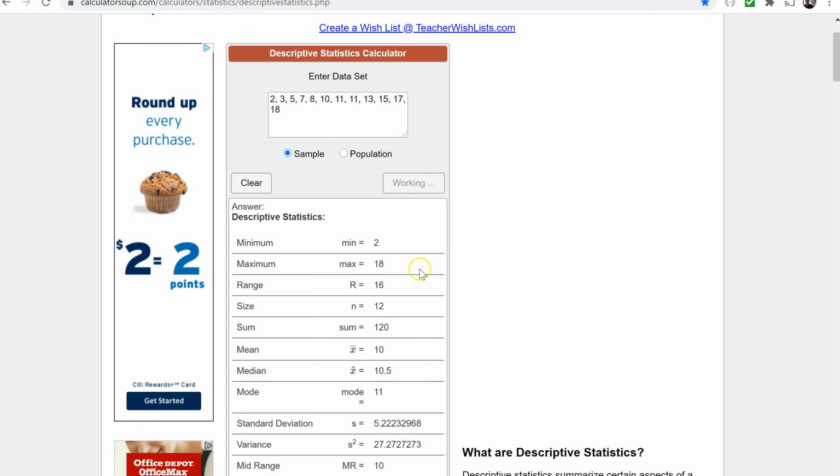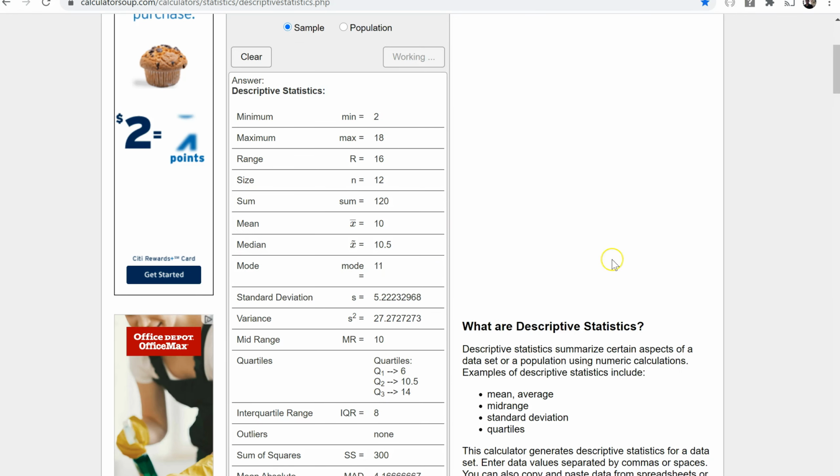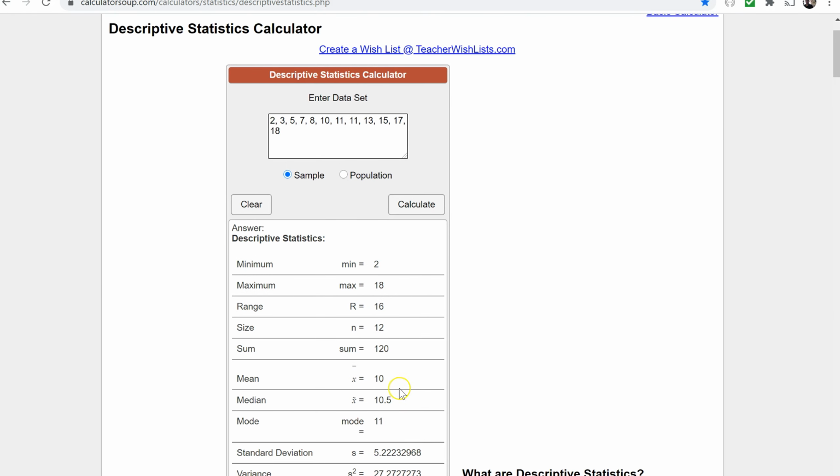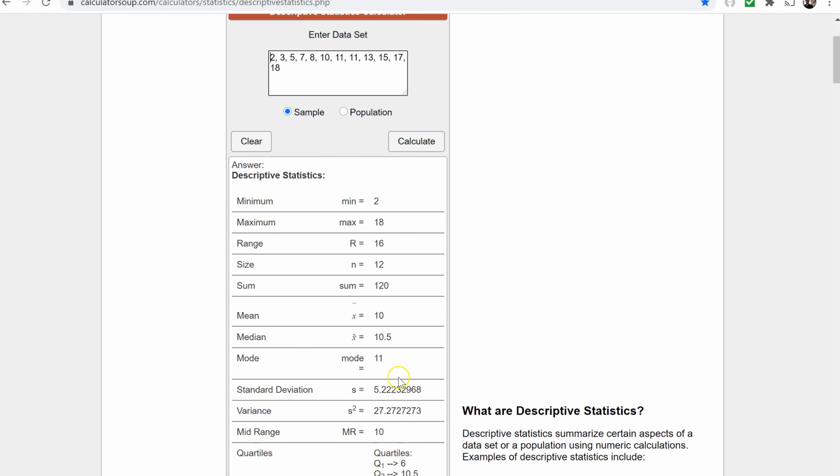It gives us the numbers. We got the x bar, the mean, right here, it's 10, the median is 10.5, the mode is 11. We are also given here the range, which is 16.